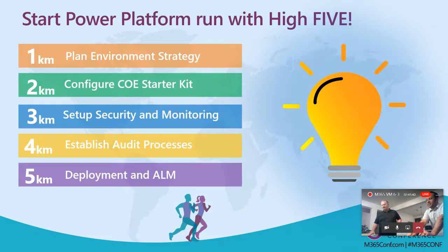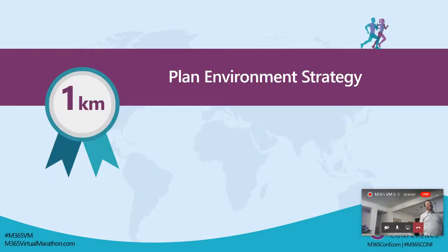Then establish and automate your audit processes, and empower your colleagues and customers on how to nurture organic growth and adoption in your organization, which will be the case when you learn and grasp the whole Power Platform. So let's begin our first kilometer run, where we will be learning about planning the environment strategy.